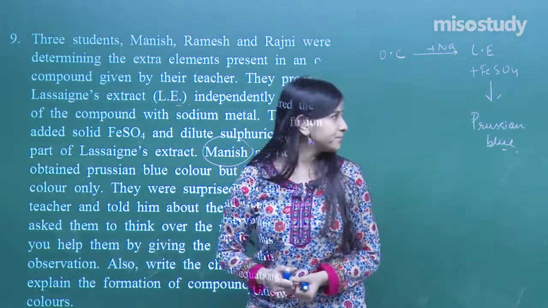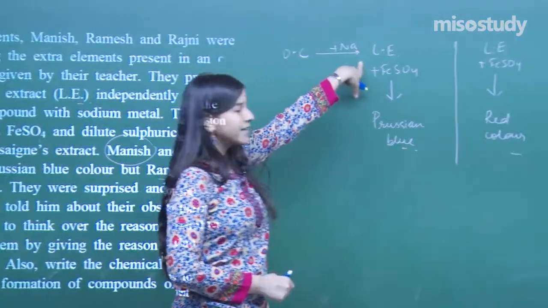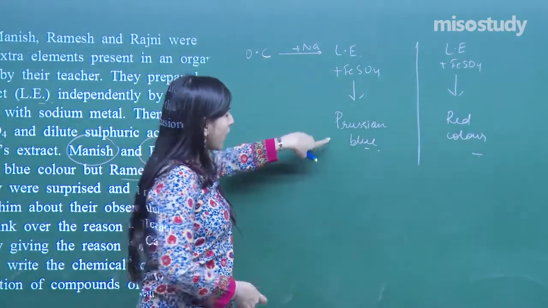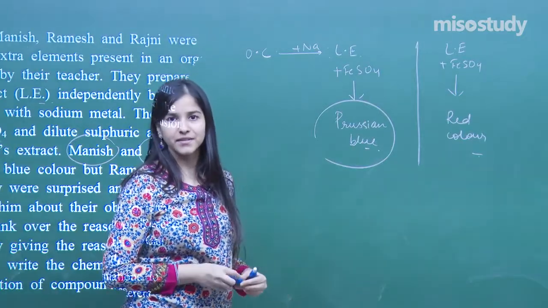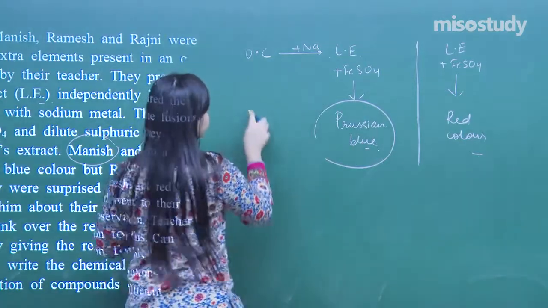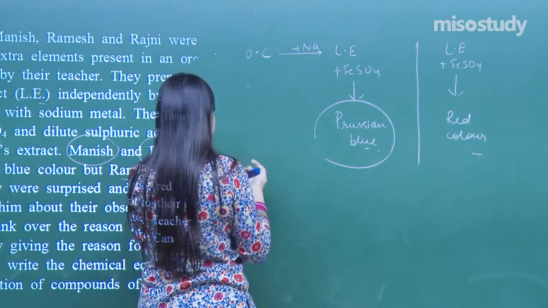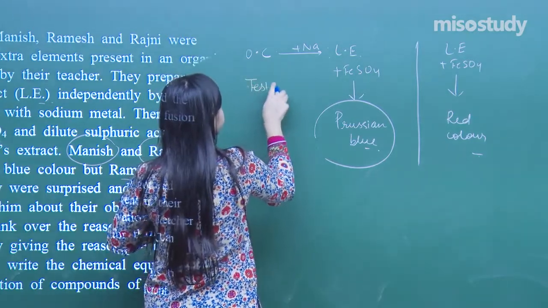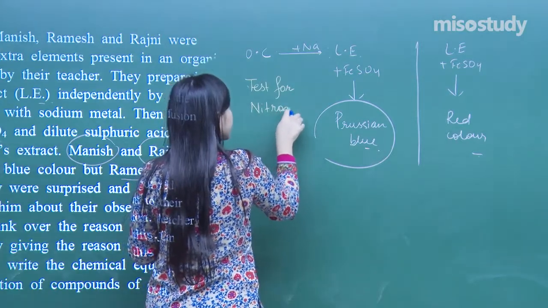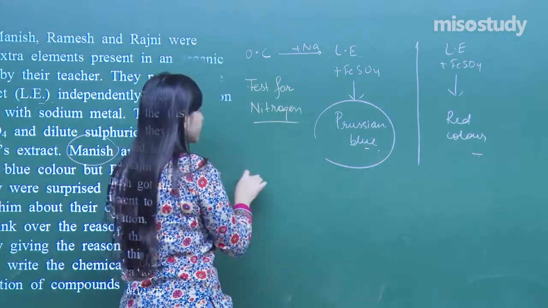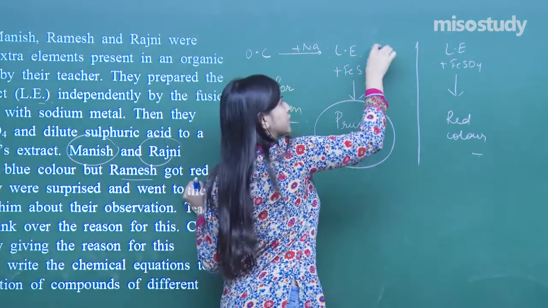So what is it? See here, they have prepared the Lassaigne's extract, right? How are they obtaining the Prussian blue? First of all, what test is this? This is the test for nitrogen, in which I have got the extract, definitely it should be NaCN.